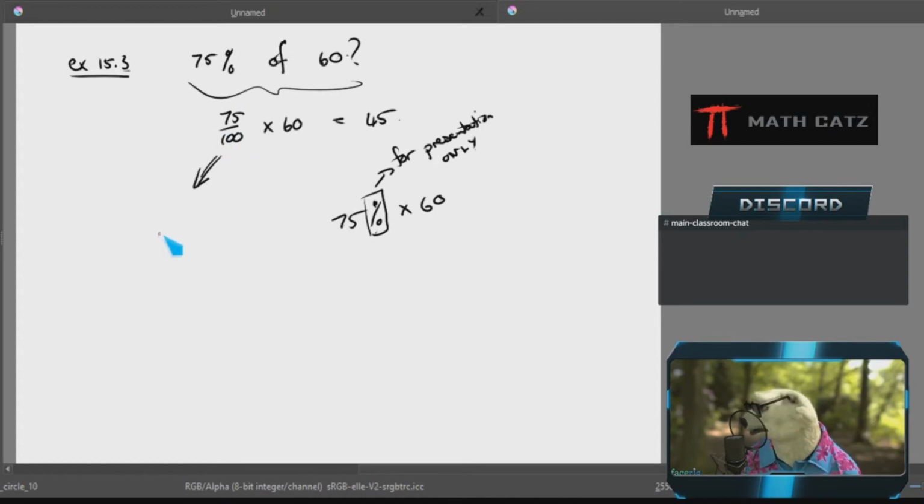I could go decimal. Because it's always over 100, the decimal version of this fraction is super easy. It's 0.75. And then times that by 60. And of course, I'll still get 45. I want to be okay with either one of these. I want to be able to flip back and forth.